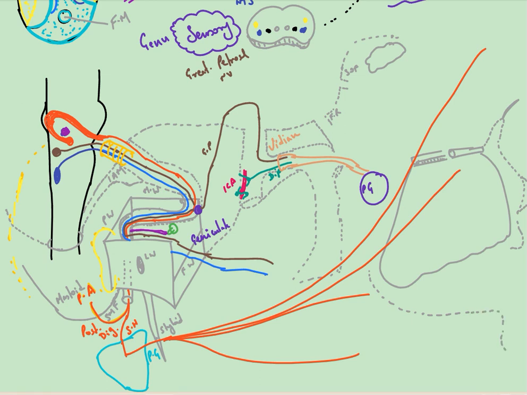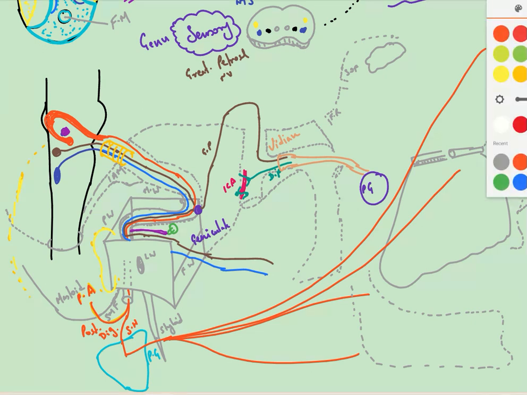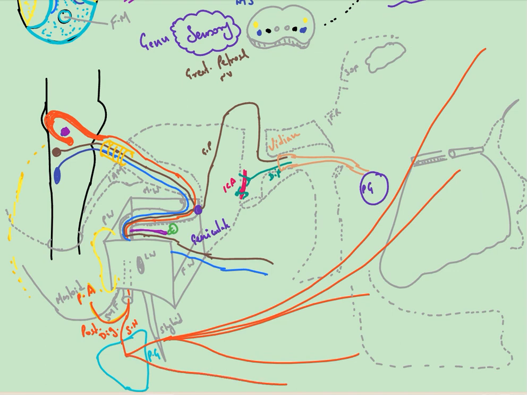Yes or no? Yes. And then there is a fifth one that is going to supply the platysma muscle, and that is the cervical branch. So the cervical branch will go to the platysma muscle.